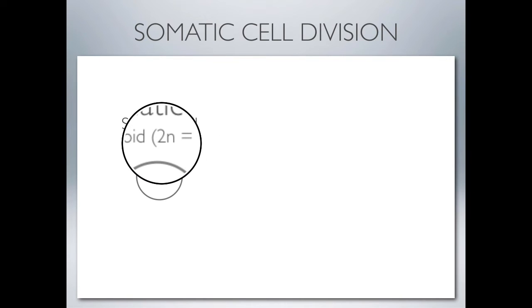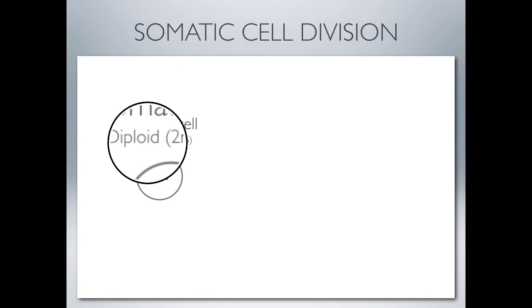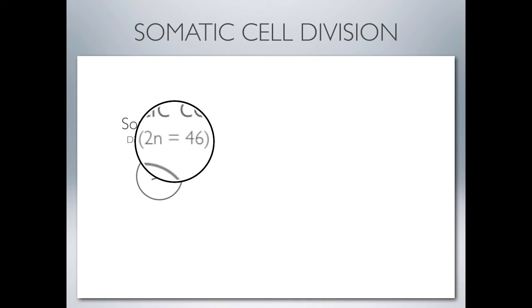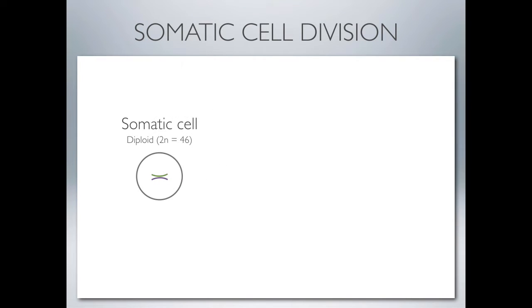There's 23 chromosomes, and there's a diploid pair of each chromosome, so giving a total of 46. So in the process of division, of course, we want to double that genetic material, and that is achieved before, of course, it splits into two cells. And so that's through the process of replication.